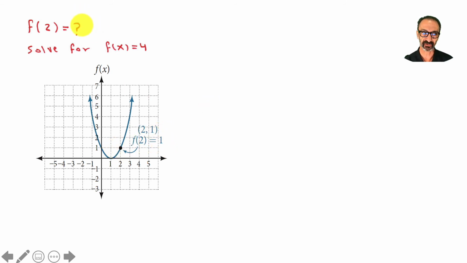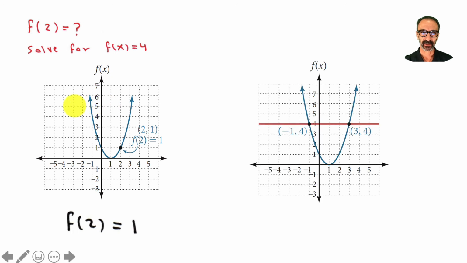That's the answer for the first part. And for the second part, if your output is 4, your y value is 4, I could see that x could be 3 and x could be -1. So f of x equals 4, we have x equals -1, and we also have x equals 3, two outputs.